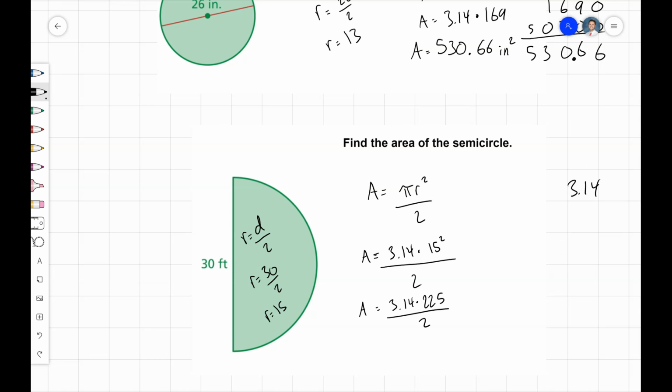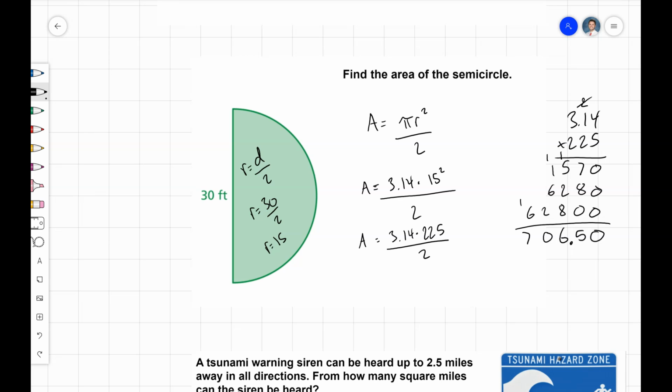So 3.14 times 225, we get 706.50, and then that'll be divided by 2.